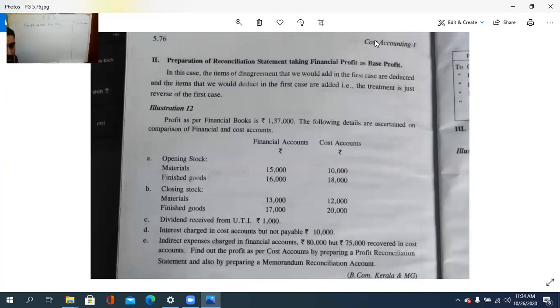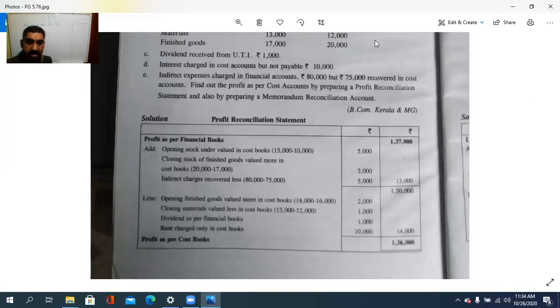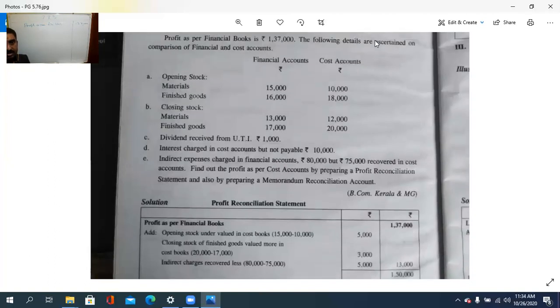Then, what all the items are there? Under absorbed or over absorbed? Opening stock material 15,000, 10,000. It is which absorbed? What is that? Undervalued. Then, next, finished goods 16, 18. Valued more. Closing stock, material 13, 12.